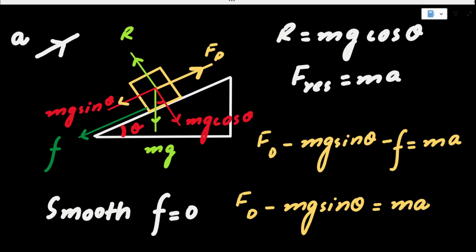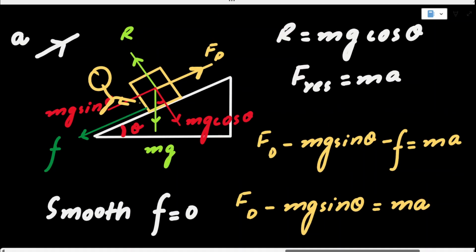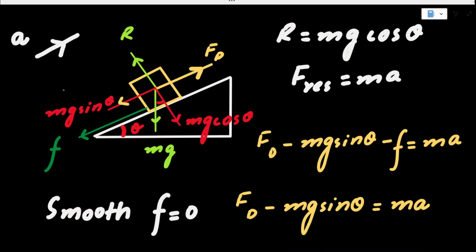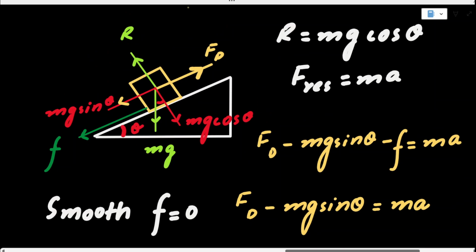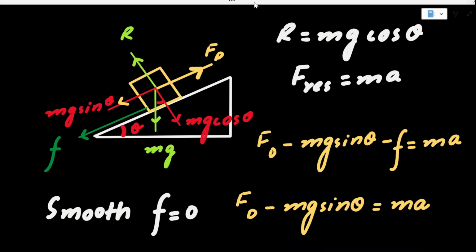Why do we say so? Because in that case, if there is no friction, now only one force is working against the person. The person was trying to push it up the slope. Only one force is working against him, which is mg sin theta. So technically it is not a complete force, but just a component of weight.